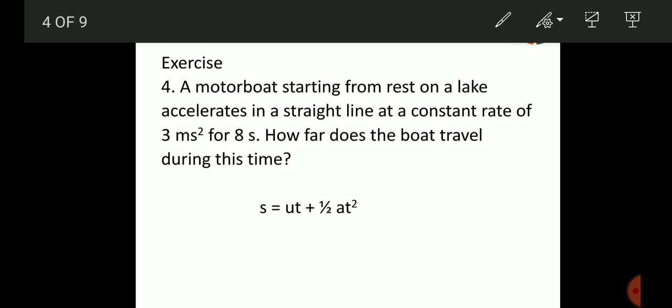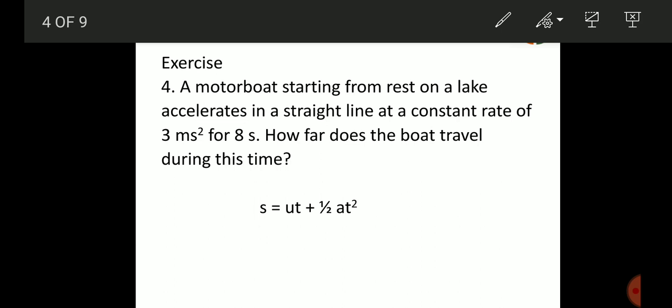And the second equation, you can use it out, right? So the third equation, let us try. In the third equation you have v square is equal to u square plus 2as. So acceleration is given, initial velocity is there, distance is also there, but the time is not there, so you cannot use that. Okay, so by seeing the given data of the question, you should find out which equation you have to use.